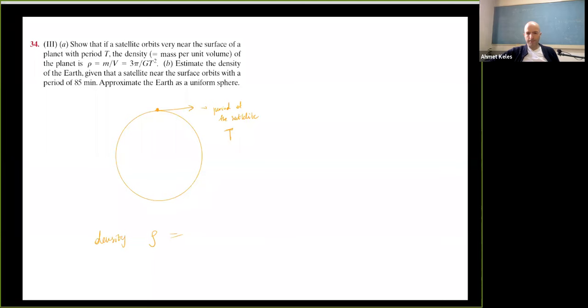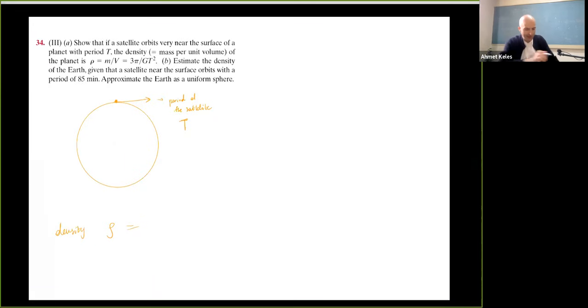So what do I do? Maybe I can write what density is. Density rho is equal to total mass divided by volume, and let's suppose it's a perfect sphere.